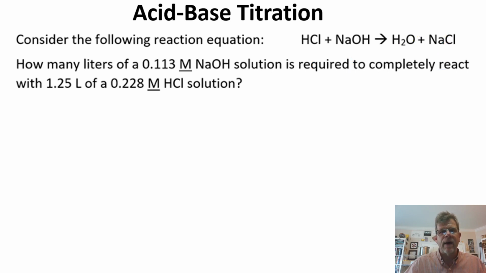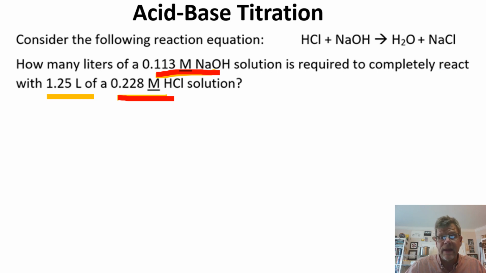So let's take a look at the numbers we have here, because what do we want, or rather what do we have? We're going to have to put a number down. Well, there's 3 numbers there, just like before. And we see that 2 of them are molarities. This one is a molarity, and that one is a molarity.